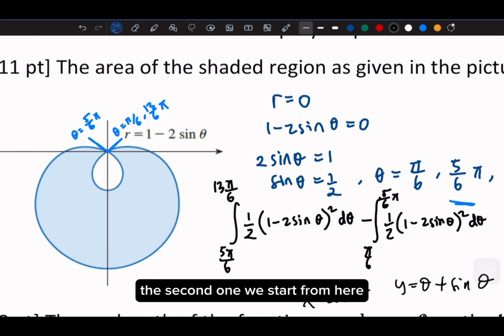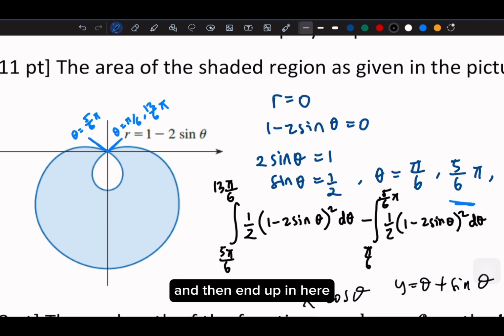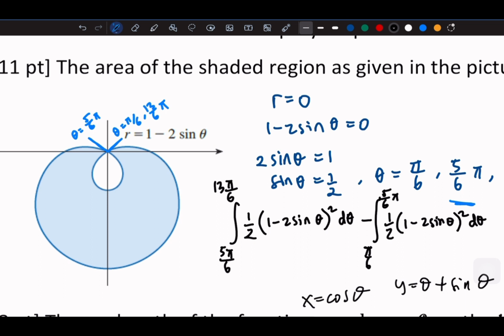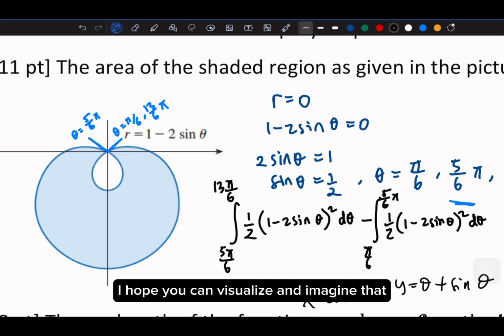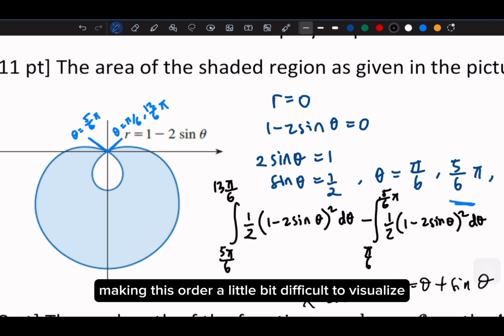The second one we start from here and then end up here. I hope you can visualize and imagine that, because this loop makes this polar a little bit difficult to visualize.